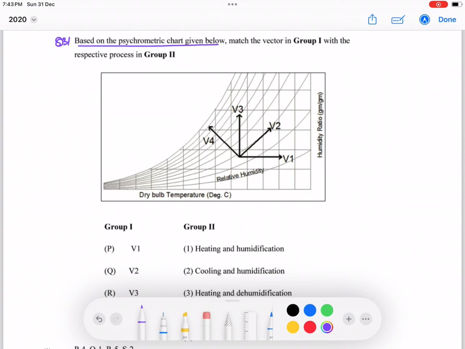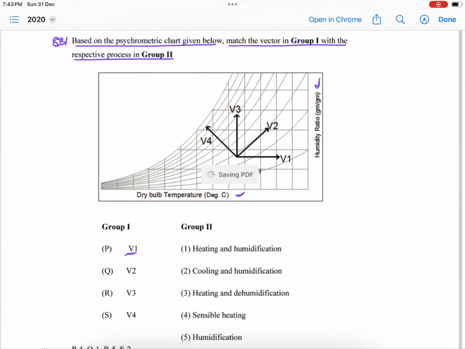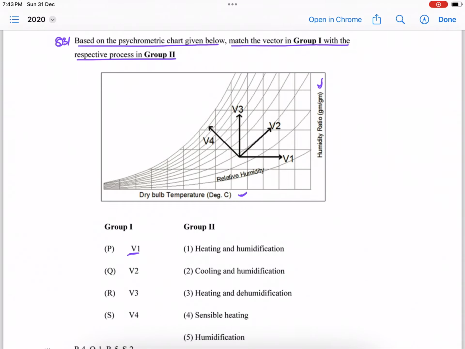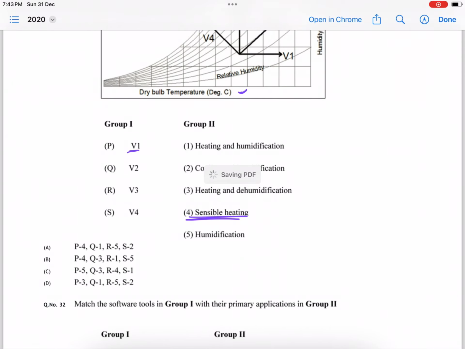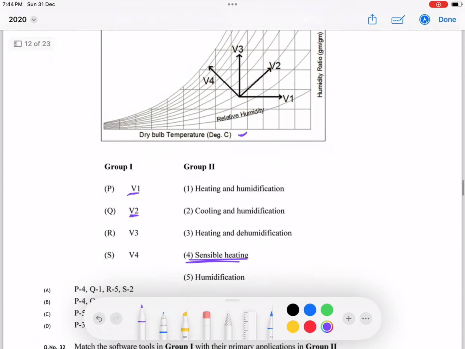Question number 31. Based on the psychometric chart given below, match the vector in group 1 with the respective process in group 2. So this graph has been plotted against the dry bulb temperature and humidity. And if we see, V1 here represents sensible heating. V2 represents heating, as it's moving up with the heat, and also humidification, so 1.